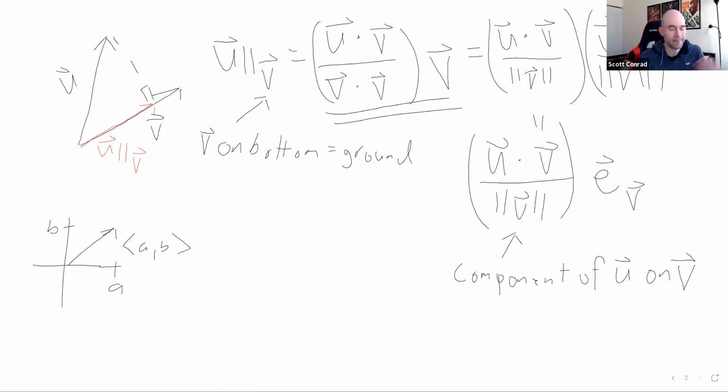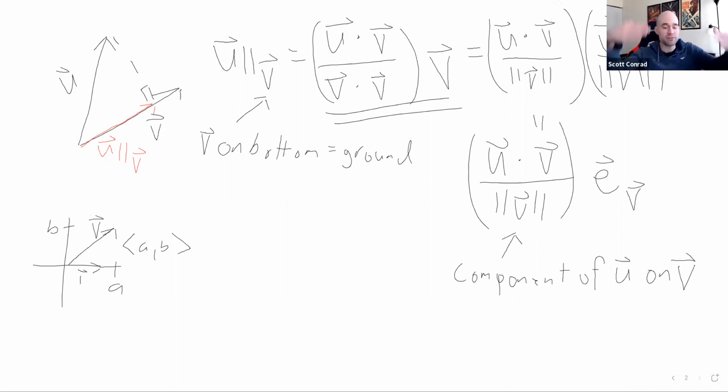In fact, A and B are the projections of V onto the x-axis, or the vector I pointing in the positive direction of the x-axis.